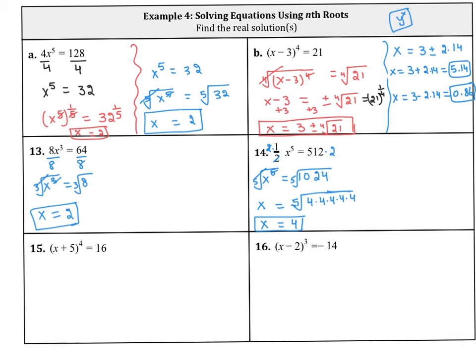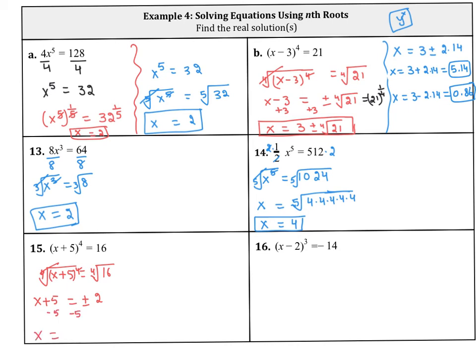For number 15, you're going to take a fourth root on both sides. So we're going to get the fourth root of 16. The 4 and fourth root cancel. x plus 5 equals plus or minus 2. Now you're going to subtract 5 on both sides.